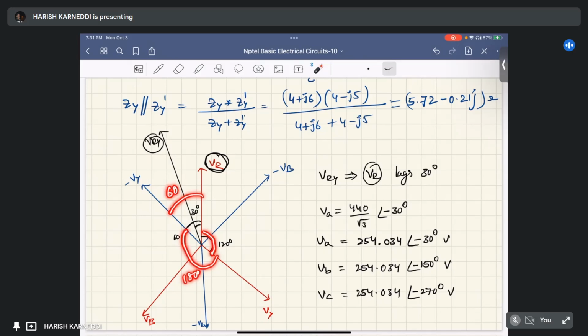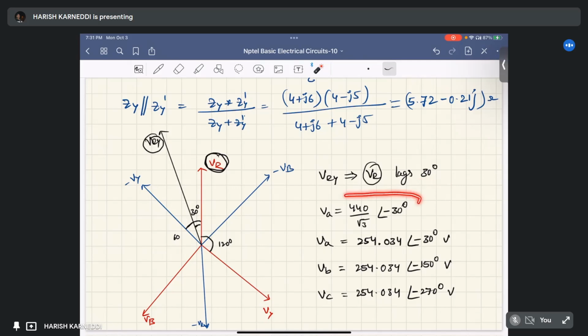Here VR and VY are balanced, so the magnitudes of VR and VY are equal. So the angle between VRY and VR is 30 degrees. It means the phase voltage lags the line voltage by 30 degrees.